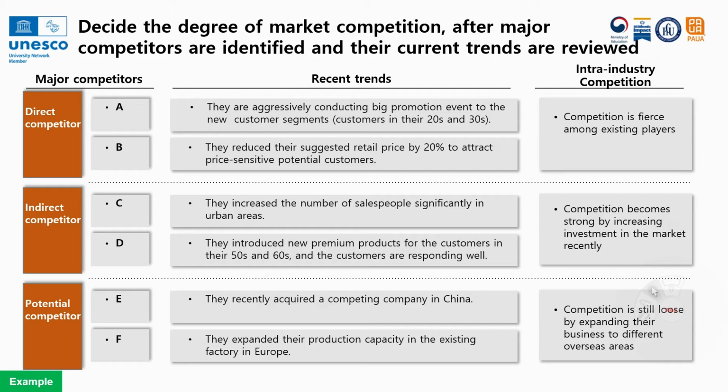And based on our competitor analysis, company D has recently introduced new premium products for customers, especially in their 50s and 60s. And the customers are responding well. So far, their new premium product launch has been successful in the target customers of 50s and 60s.